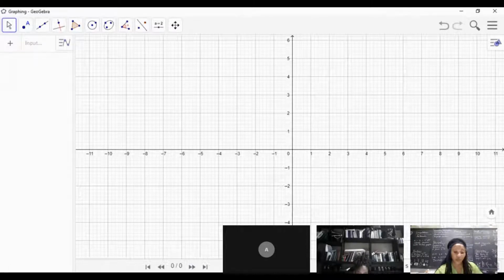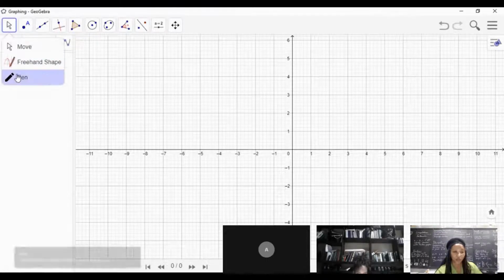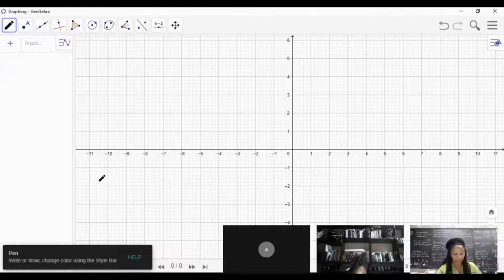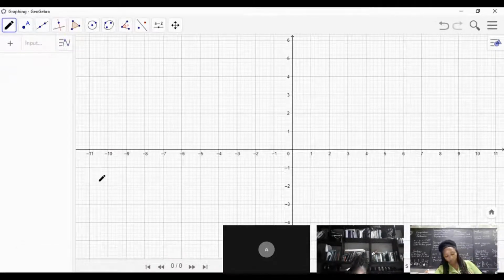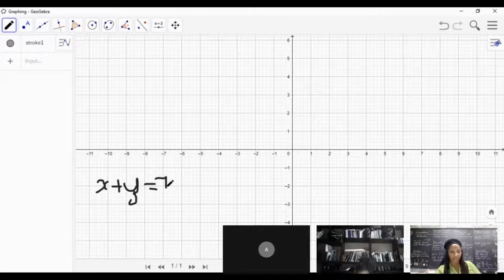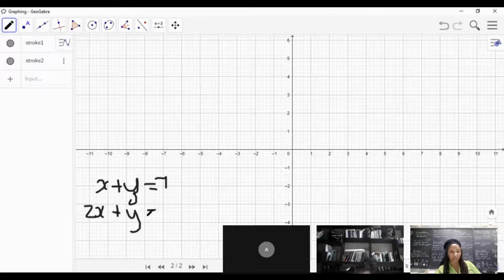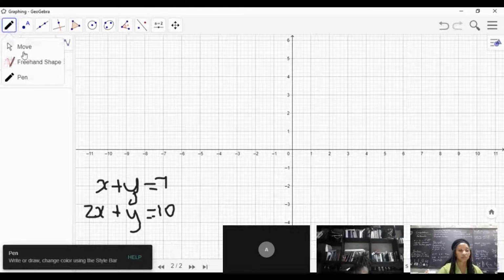I'm going to give you the two equations, and you're going to solve them any method you choose. So let me write the equations for you. So x plus y equals 7. That's 1. And 2x plus y equals 10. So I want you to solve it any method you choose.